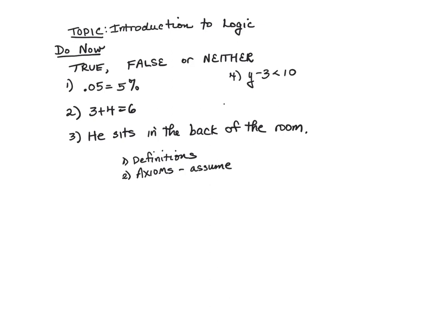They are so obvious. And then finally, we use 1 and 2 to prove other statements that are true. And these are called theorems.